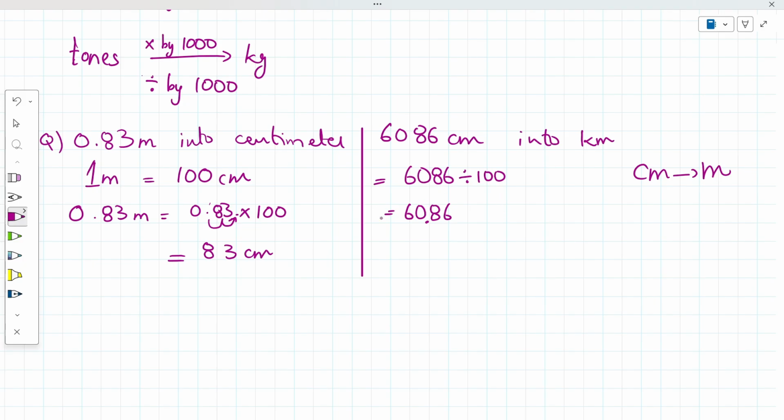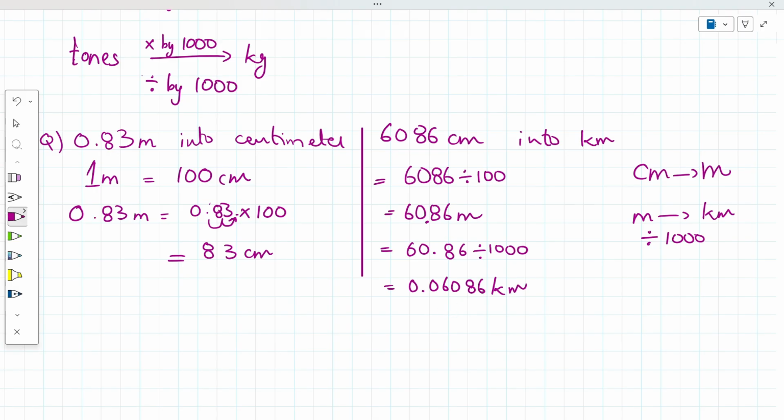Now we convert meter into kilometer, so we divide by 1000. 60.86 divided by 1000, the point moves three places, so the value will be 0.06086 kilometer. I hope you got this.